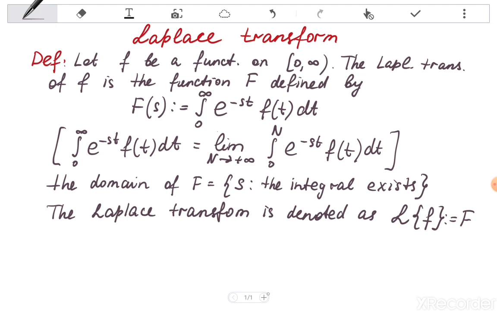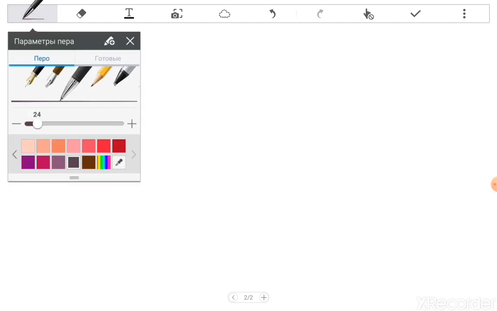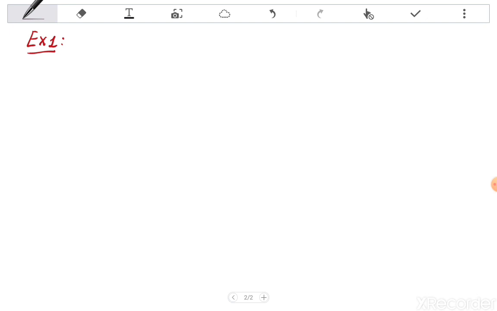Let's consider an example. Example 1. Let's just take the simplest function. So let f of t be the identity function, so it is 1 for non-negative values of t.